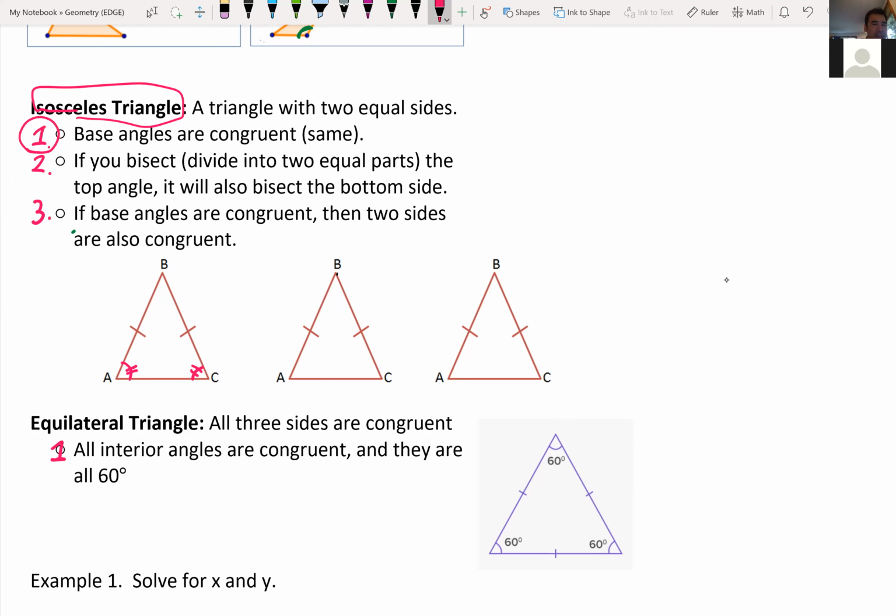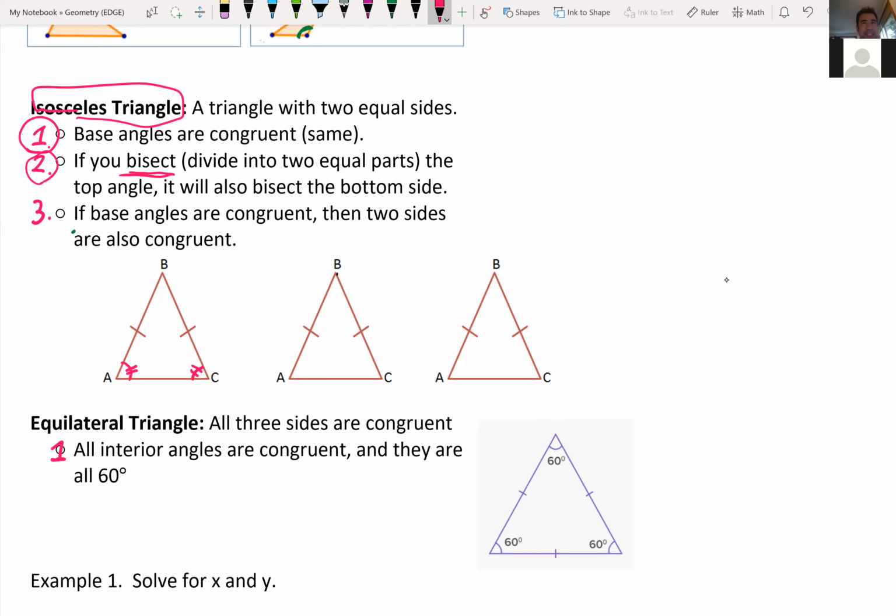Next one has maybe some new terminology. The word I'm talking about is bisect. Now, what does that mean? To bisect basically means you slash it right in half, right in the middle, into two equal parts.